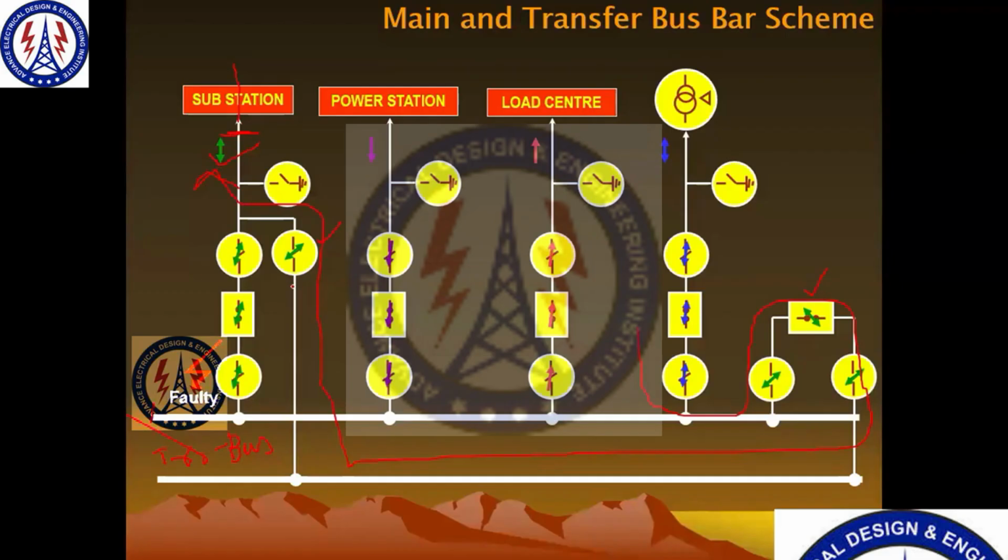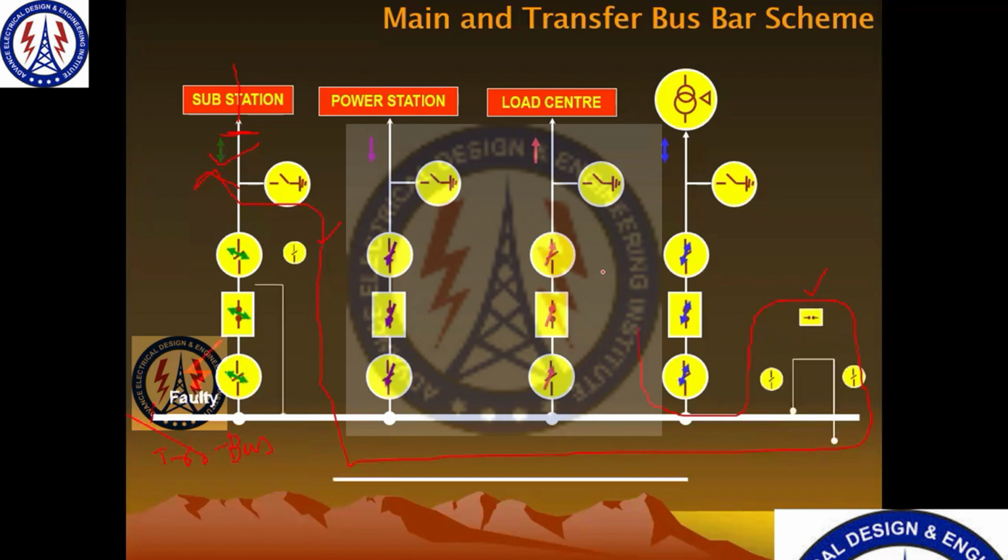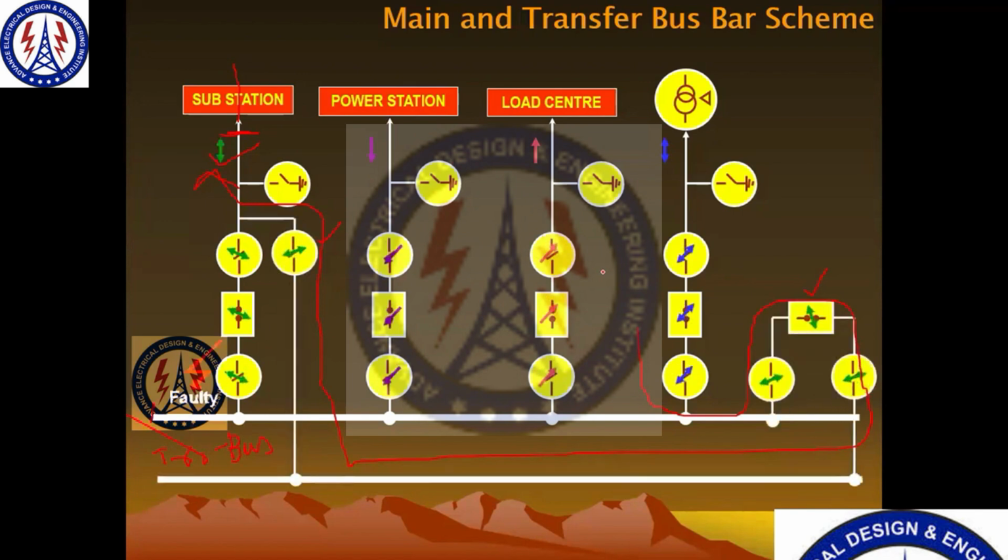Okay, so like this way, the power will flow into the system. So this is how you can bypass the faulty circuit and we can use.